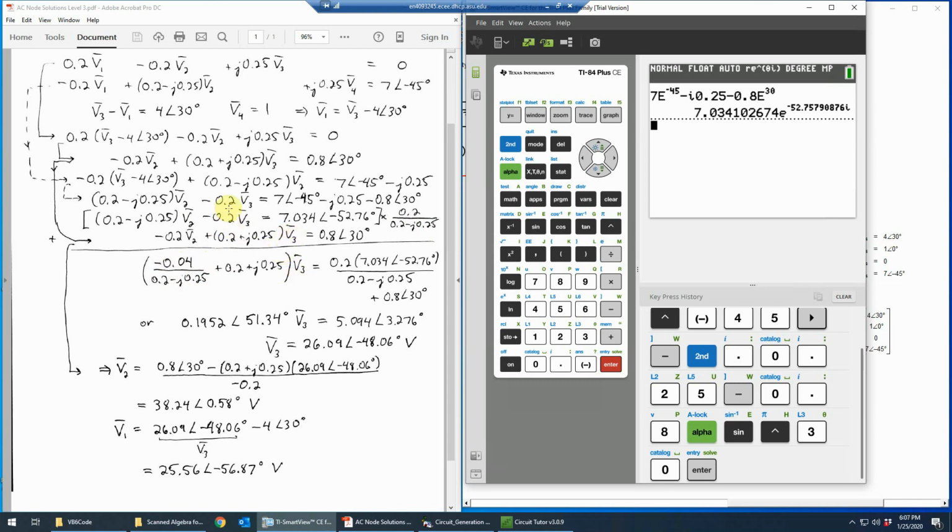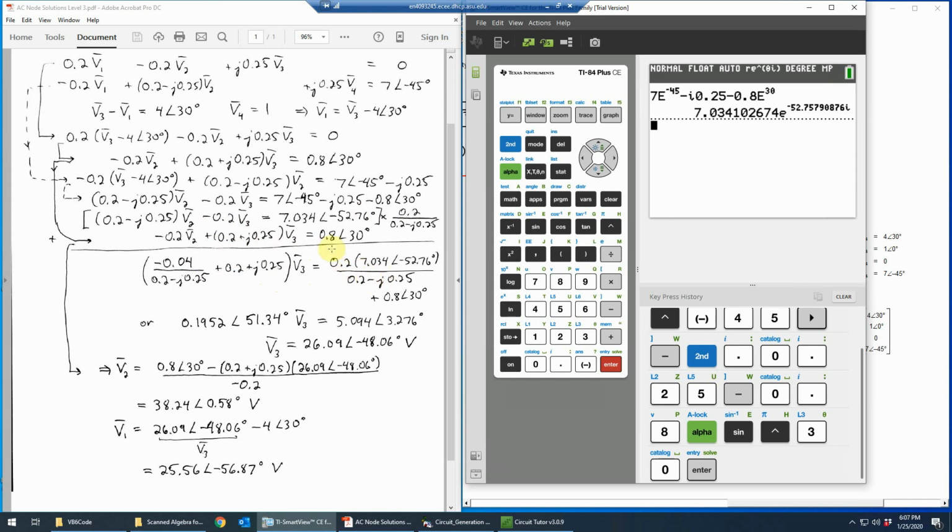And from the second equation, we have this term here, so we add the 0.2 plus j 0.25. That's all the coefficients of V3 bar.